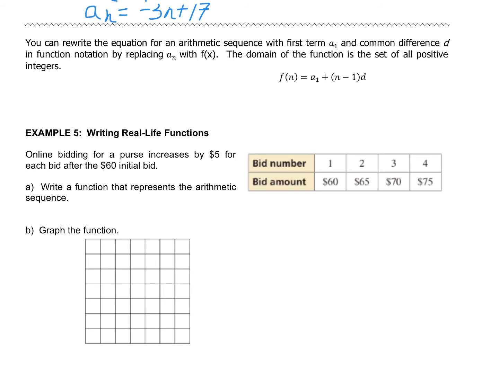We can also rewrite these equations of the arithmetic sequence, with that a1 and common difference, with function notation. Because as you just saw, we kind of wrote that in slope-intercept form, except that we have a sub n, and we had an n instead of an x value.